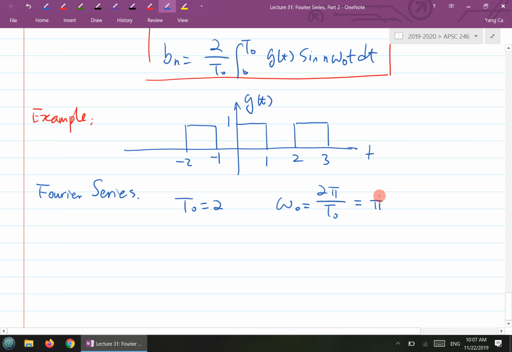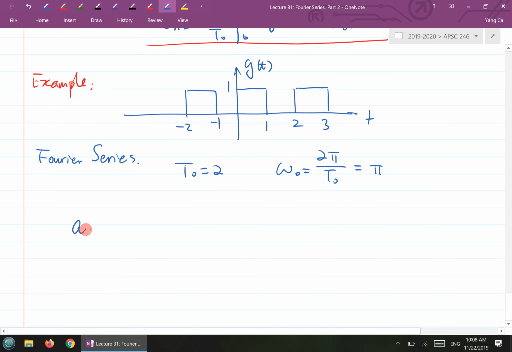Once you find it, you can rewrite the Fourier series you want, but otherwise you can just do the calculation. So a naught equals 1 over T naught, integral from 0 to T naught, g of t dt. T naught is 2, so that's 1 over 2, integral from 0 to 2. So what are we integrating? From here to here, that's 1 period.